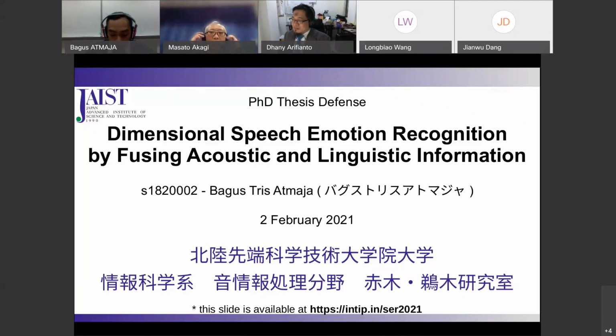The first question is that perhaps I haven't seen any consideration of whether the proposed method is going to work in terms of the cultural background of the speaker.